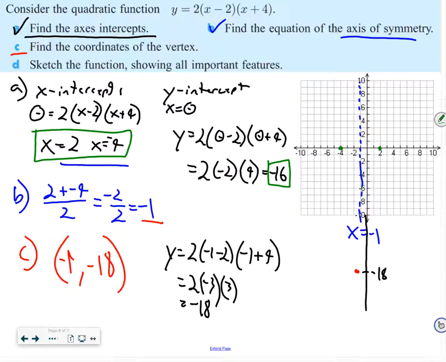So here somewhere is going to be my y-intercept at negative 16. And I'm going to have my graph here. Notice that this graph is really skinny because of my a value. My minimum point is there at the vertex, and this comes back up. And there I have my graph of my function.